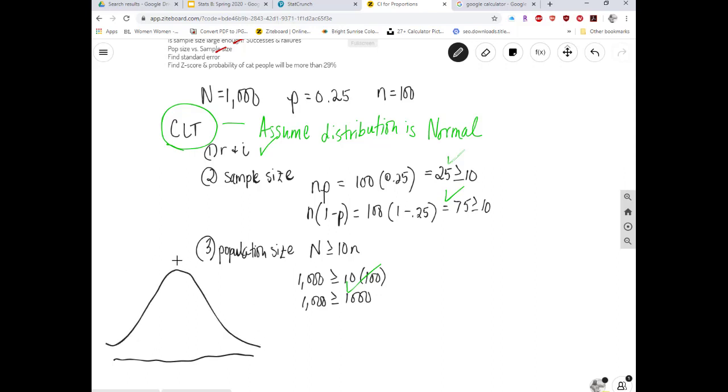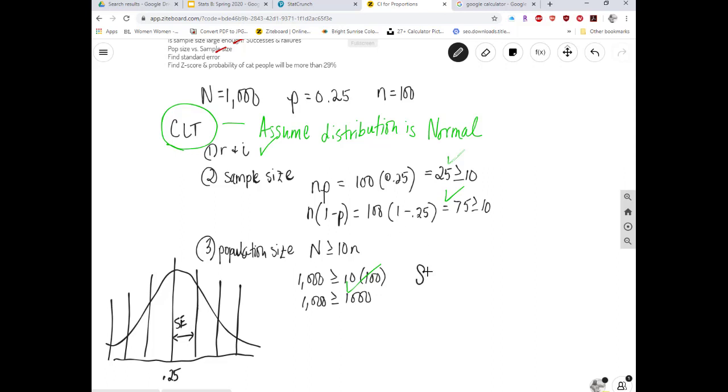The population proportion is 0.25, and I need to get an idea of the width of the standard deviations, right? To kind of get an idea where 29% would be. So since this is a sample, right, I need to find this distance with my standard error. This distance is going to be my standard error.